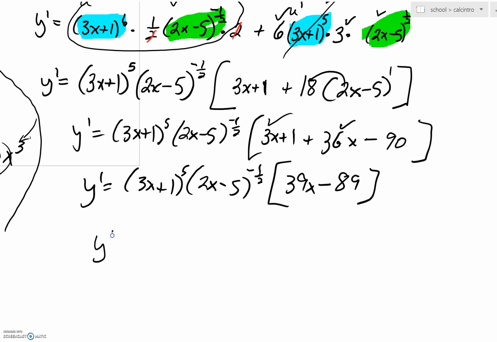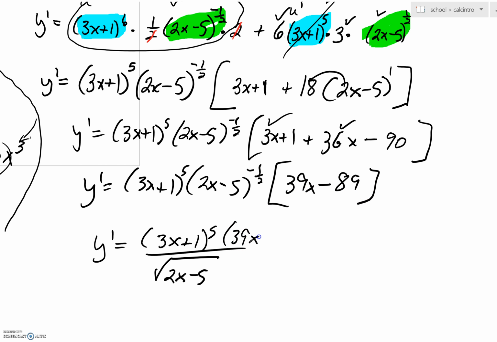What you could also do is move some things around. You could say bring this 2x minus 5 down below, and with a negative 1/2, it's really a square root. I mean, you could do that. And then this 39x minus 89, could always check and see if anything would divide out.